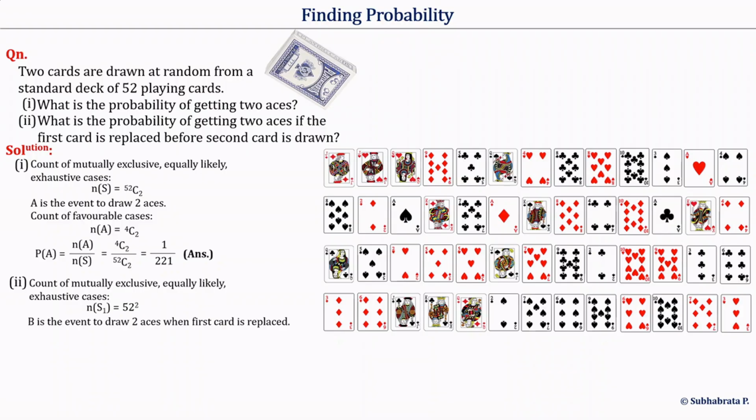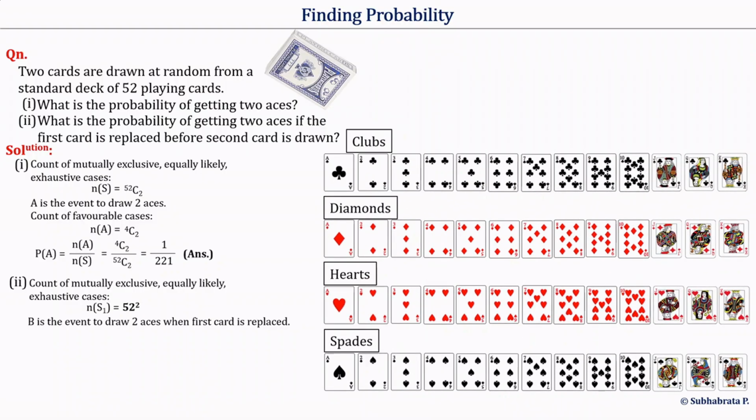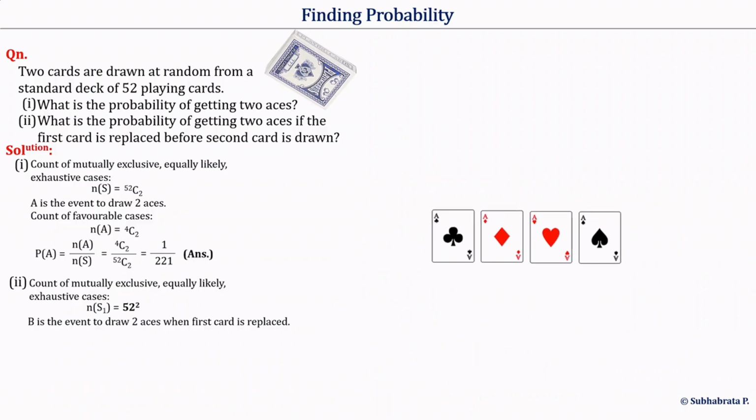Let B be the event to draw 2 aces here, and these are 4 aces here. Let's think about the favorable cases for the event B. In a favorable case, the first draw can be like this, the second draw can be like this.